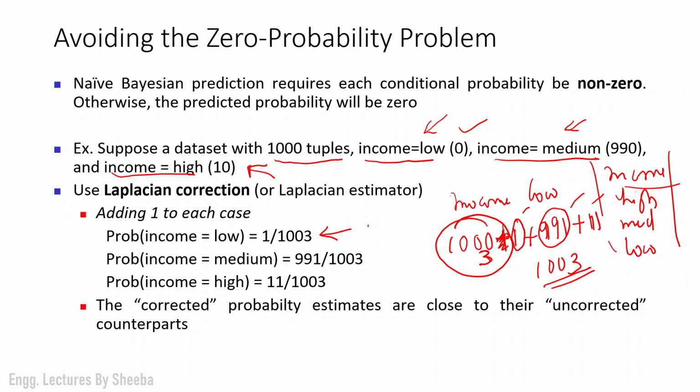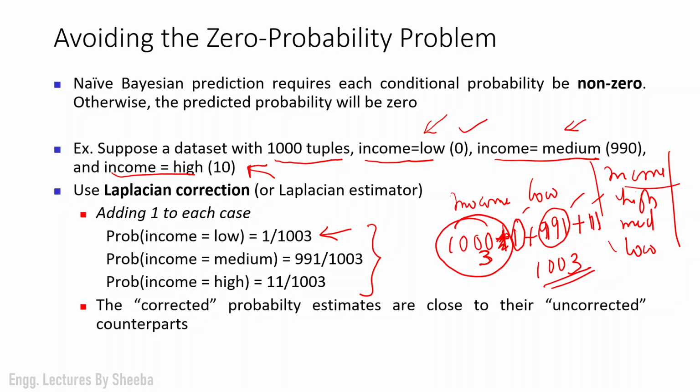Basically these corrected probability estimates are closer to the uncorrected counterparts, because if it was 0, when you are multiplying, the complete answer becomes 0, which is incorrect. When you do this Laplacian correction or Laplacian estimator, the values we get are closer to the correct value.